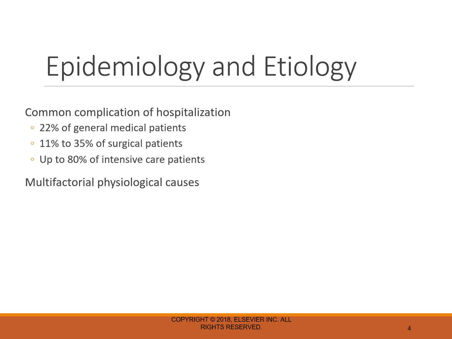Delirium is a common complication of hospitalization. About 22% of general medical patients and up to 80% of intensive care patients and between 11 to 35% of surgical patients could have delirium.